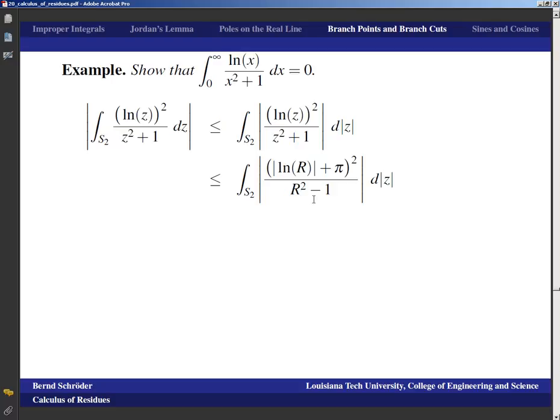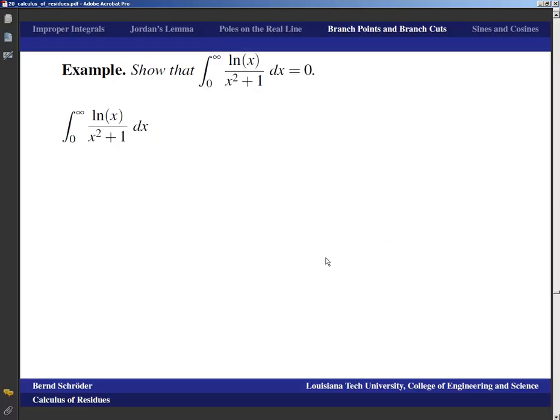That's something you can also draw geometrically if you wish. Again, we get pi r times the value of the integrand. That gives us something on the order of r in the denominator, and (ln r) squared divided by something on the order of r goes to 0 as r goes to infinity. That's another L'Hopital's rule there.